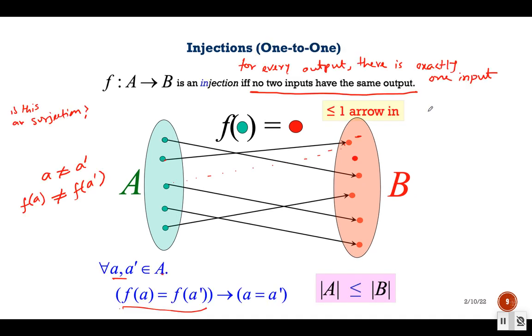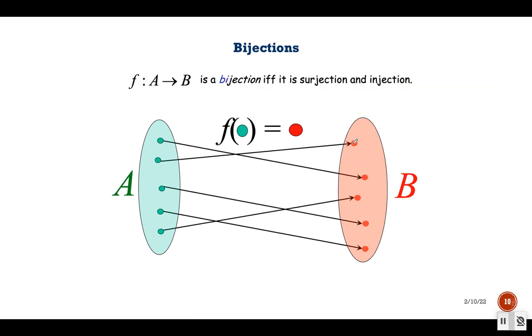Here we said less than or equal to one arrow, because there we have some elements in B that don't have any arrow, zero arrows. But here every element of B will have exactly one arrow. It will not have two arrows or zero arrows. If the arrow count is zero, that means it's not bijective.